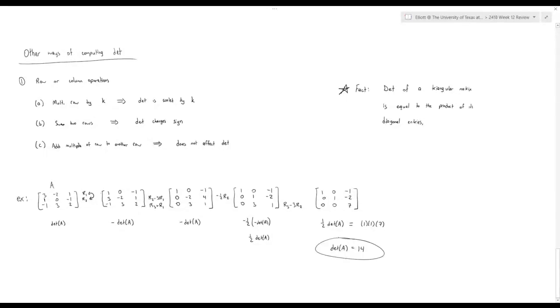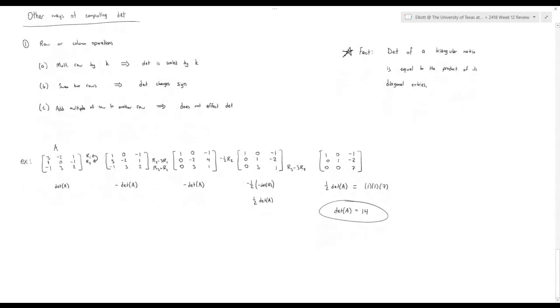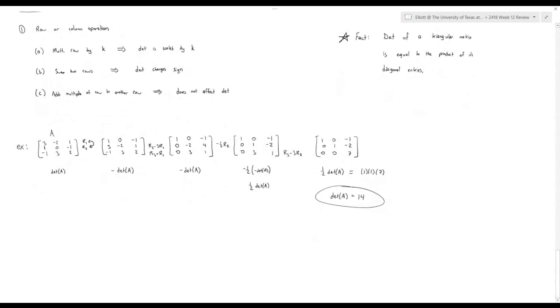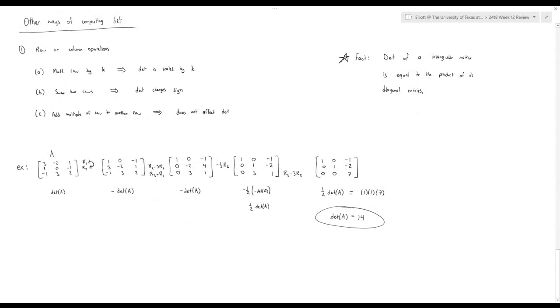All right. Especially for larger matrices, it'll be useful to do some row operations in order to compute its determinant more quickly. I would say for 3 by 3 and especially 2 by 2, you can, but it doesn't necessarily save you that much time.